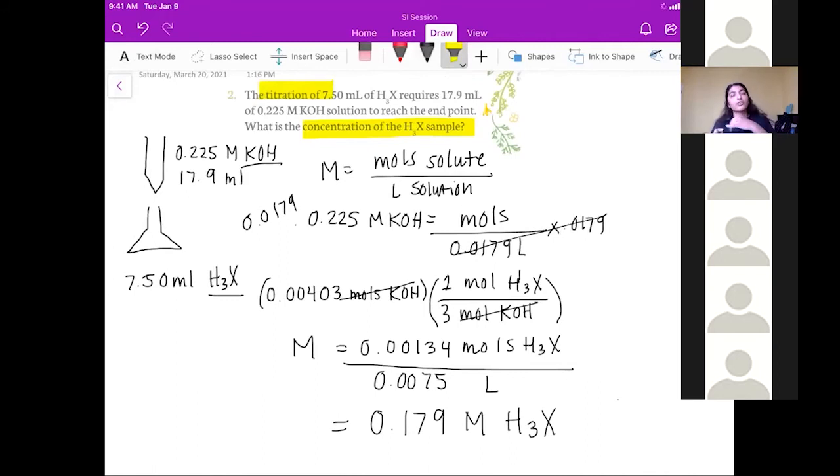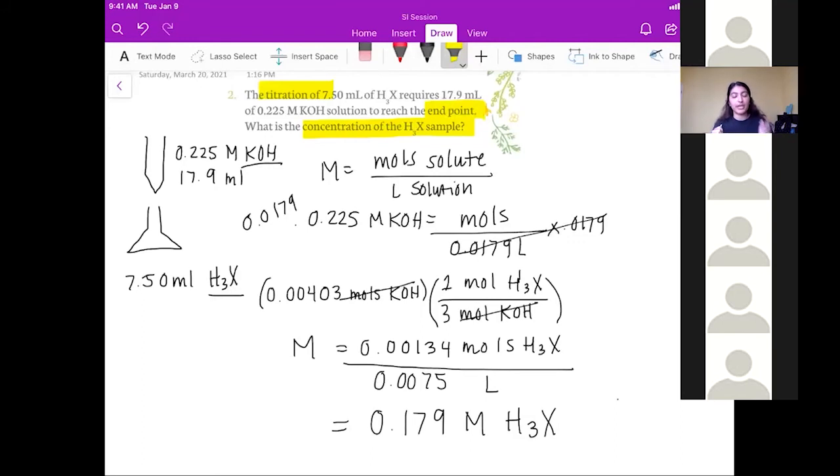Some keywords for titration problems: they'll use the word titration, endpoint, or equivalence point. When you read the problem, it gives you keywords that tell you that you're doing a titration. M1V1 is not titration.